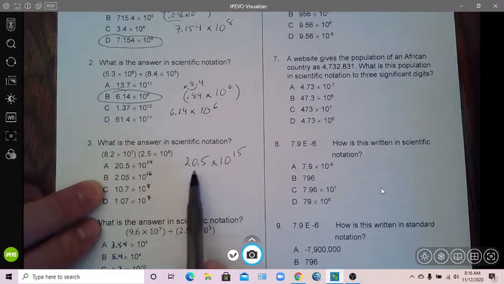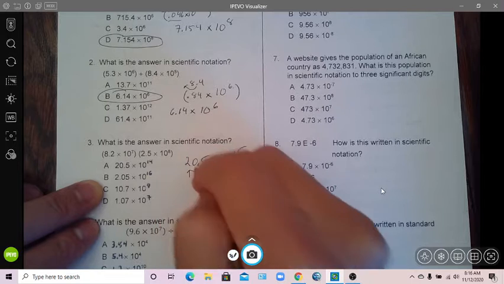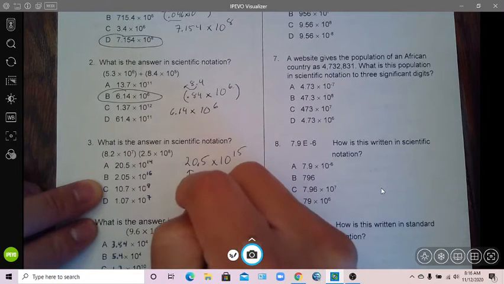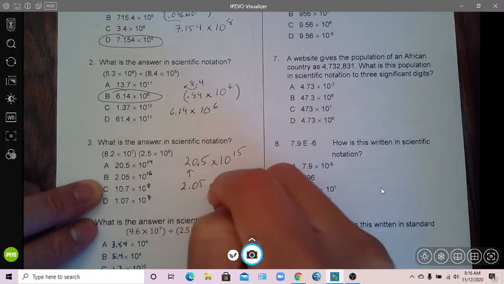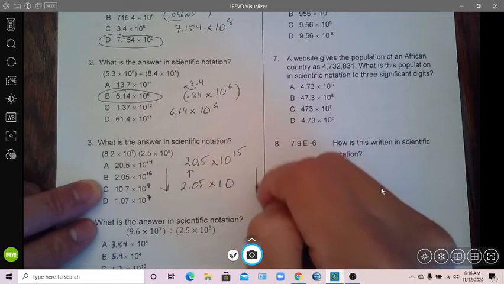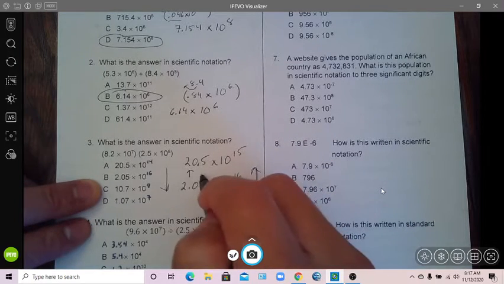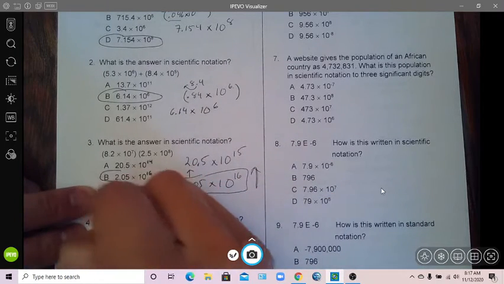Okay, so now I need to change this to scientific notation. I need to put the decimal between the 2 and the 0. 2.05. From 20 to 2, it got smaller. The exponent then has to get bigger to a 16. Okay, that's the answer I want, and I see it in option B.